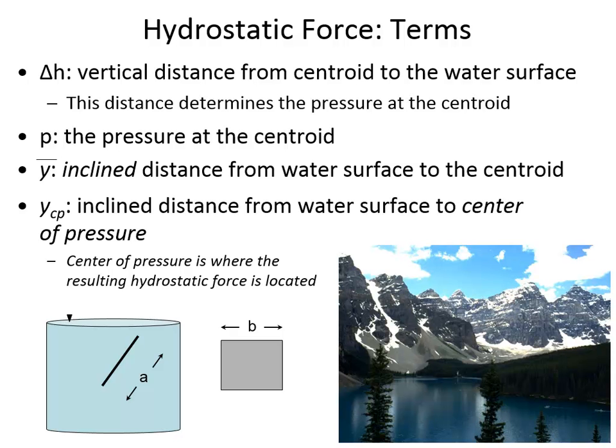There was delta H, which goes vertically from the water surface to the centroid. There is Y bar, which is inclined from the centroid to the surface, and then YCP is inclined from the surface down to where the hydrostatic force is located. And the hydrostatic force will always be a little bit lower than the centroid.